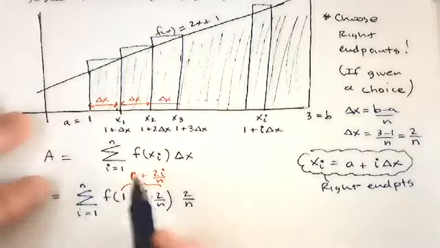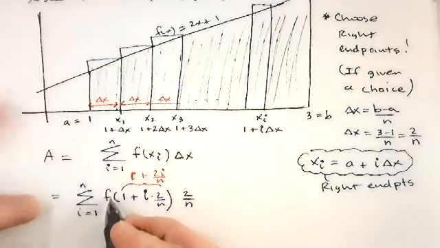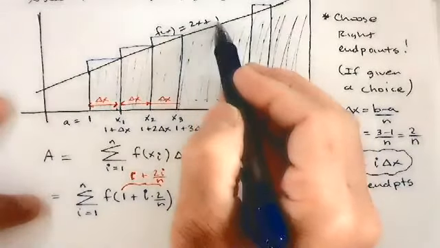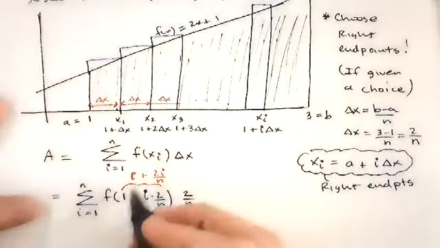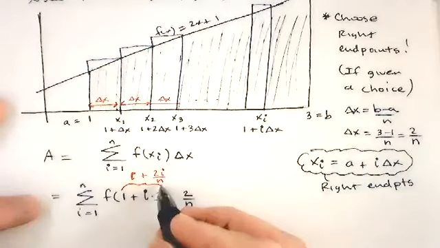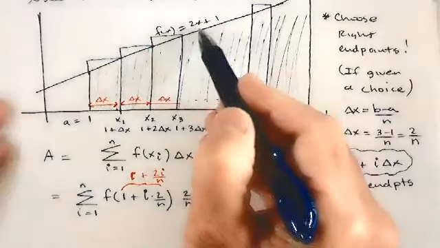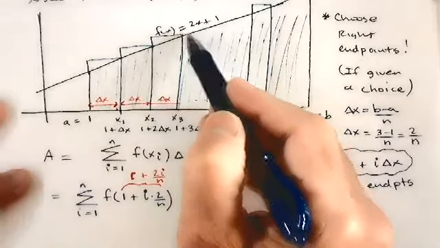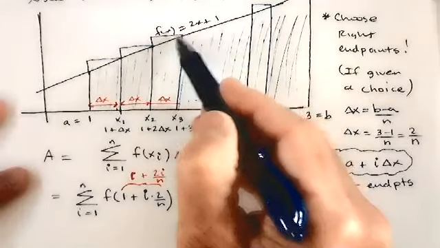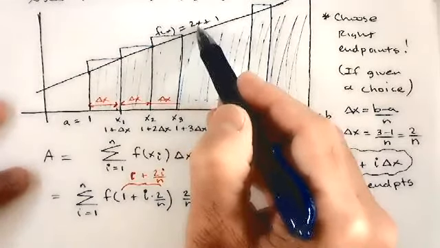Okay. Now, how do you do it if my function is 2x plus 1? What would f of 1 plus 2i over n do? How do you do f of anything? If my function is 2x plus 1 and I say, what's f of 7? You plug in the 7 for the x, right?